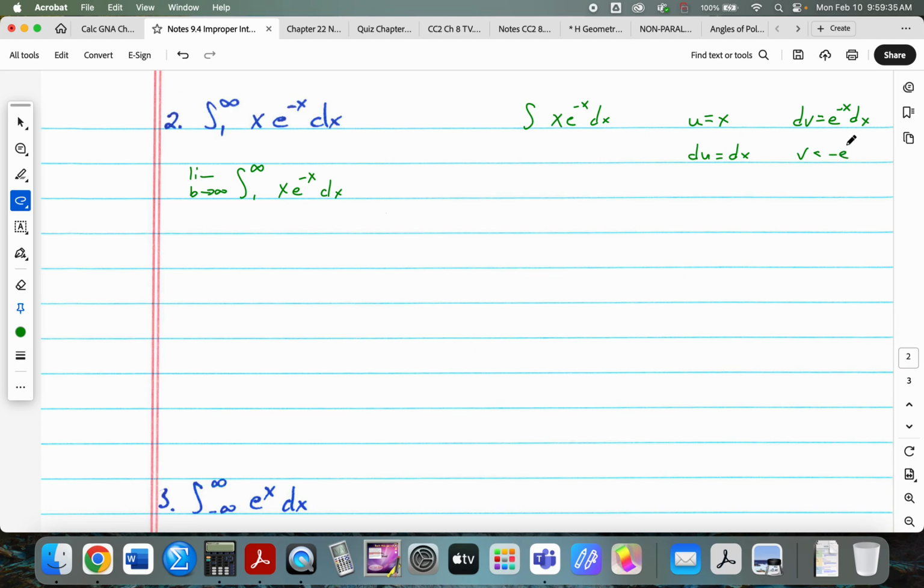It's negative e to the negative x. So I've got u times v, so I've got negative x e to the negative x, minus the integral of v du, so that's going to be plus e to the negative x dx. So that'll be negative x e to the negative x minus e to the negative x plus a constant.